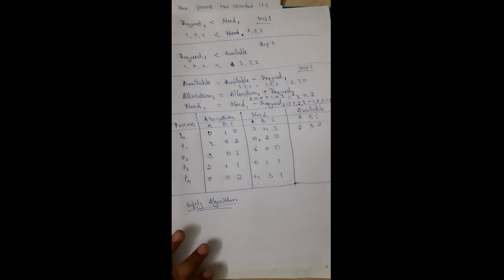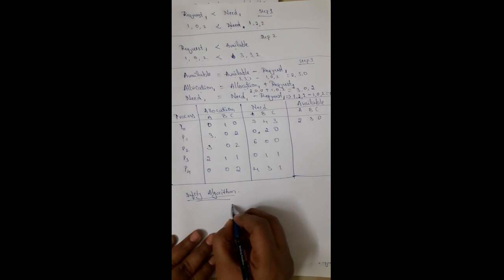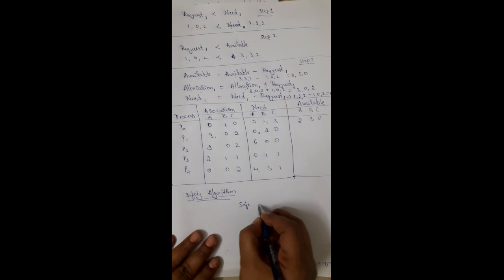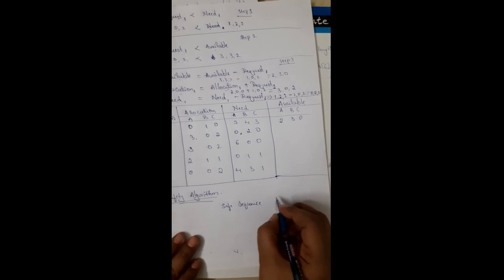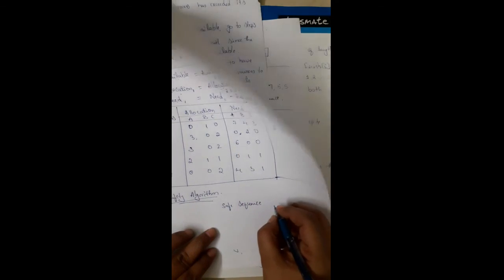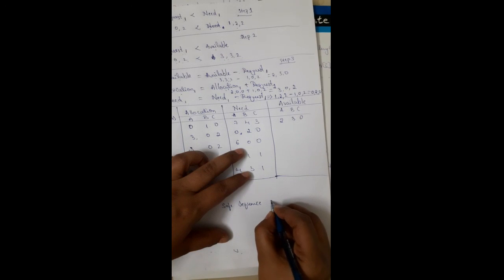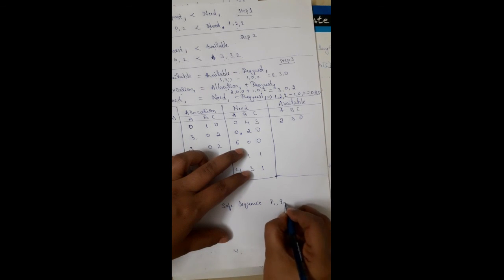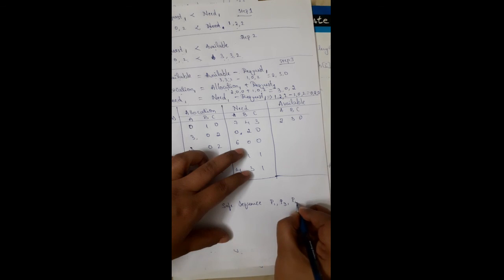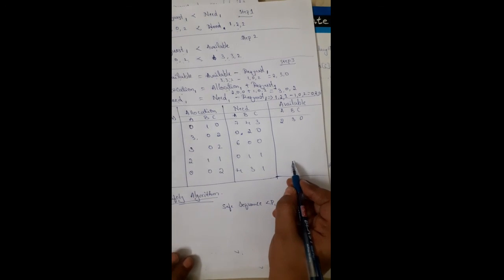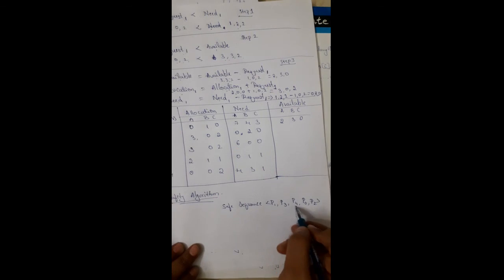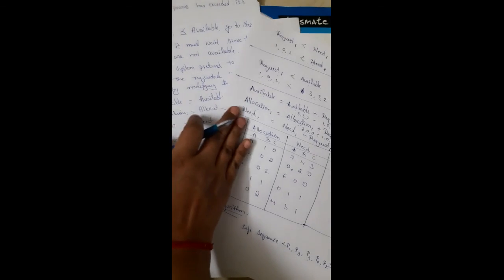I'll just write the final safe sequence. After running the safety algorithm for this table, it is P1, P3, P4, P0, P2. Simply you can't write this; you have to rerun the safety algorithm, then only you will get this.